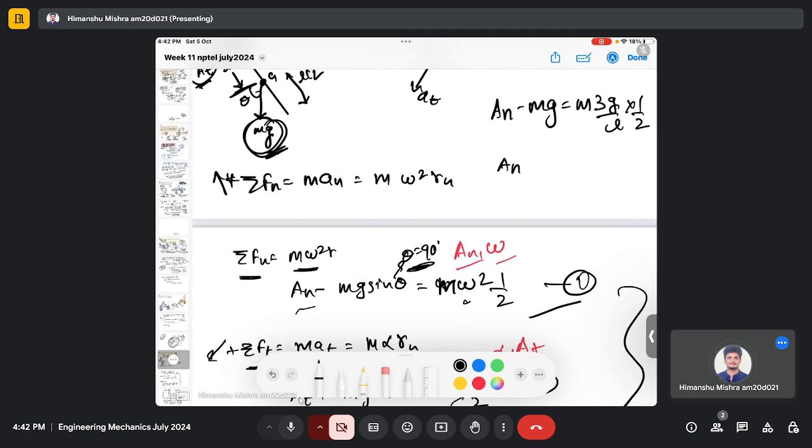So En minus mg equals 3 by 2 mg. Sorry, this is L by 2.